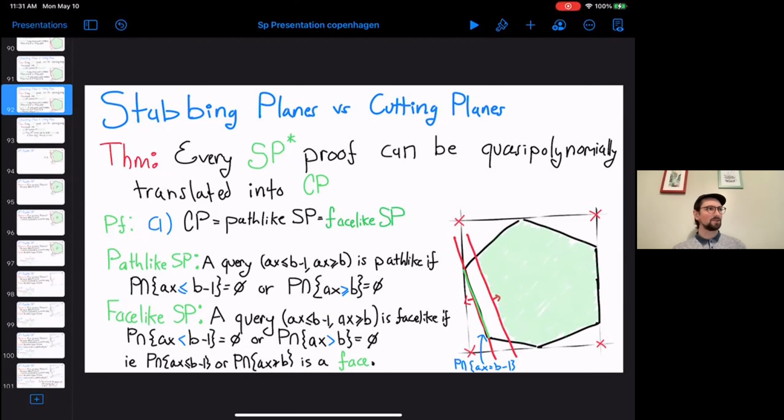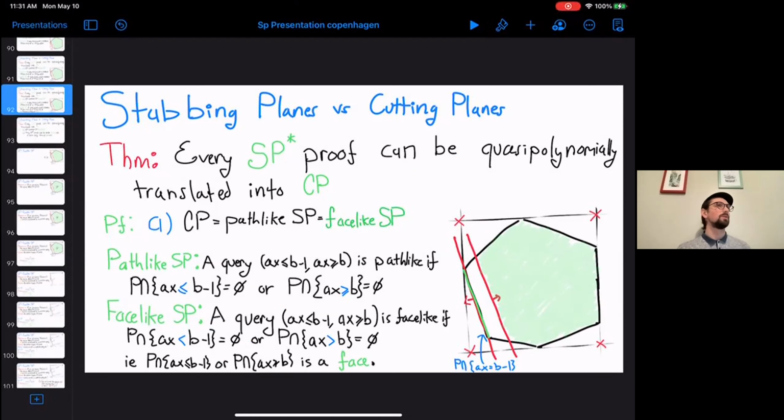I was wondering if you could use your result somehow in order to show that this reduction from stabbing plane star to cutting planes is optimal, or this need for coefficients is optimal.